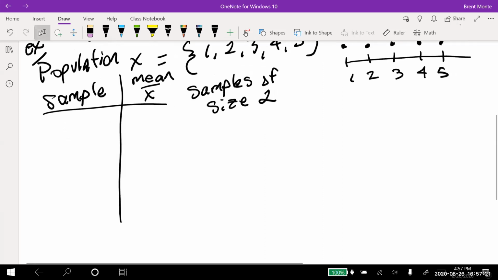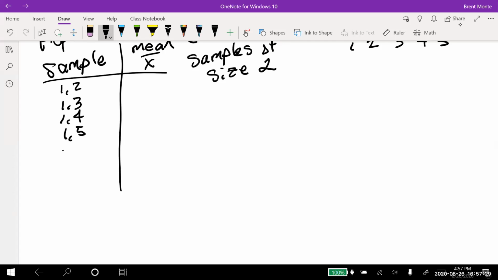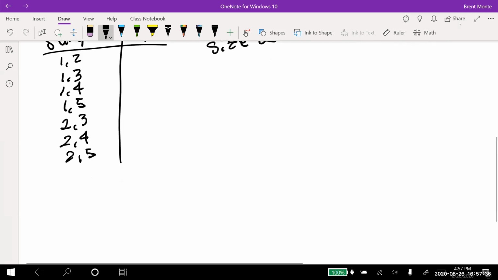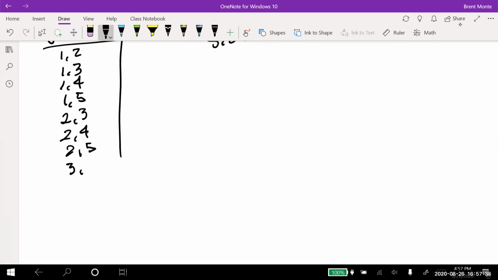Well, so one sample could be 1 and 2, another could be 1 and 3, 1 and 4, 1 and 5. Or maybe I don't have 1 in there, maybe I have 2 and 3, 2 and 4, or 2 and 5. Or maybe I have 3 and 4, or 3 and 5, and then the last sample would just be 4 and 5. So those are all the possible samples. There's 10 of them. I've got 10 possible samples of size 2.